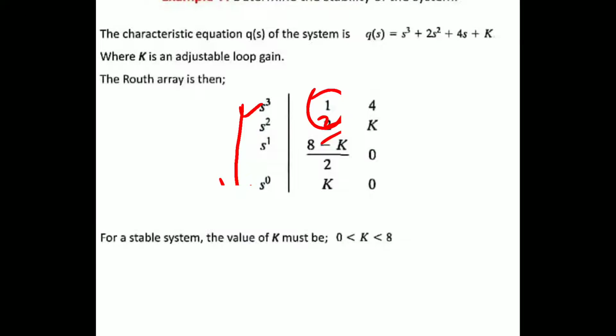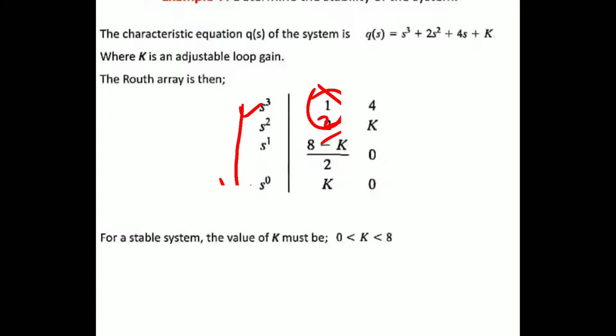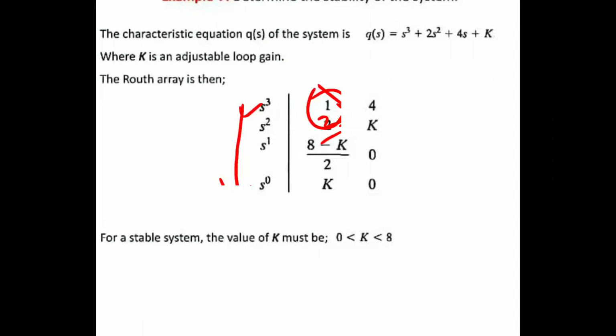So how are the calculations done? 2 into 4 becomes 8 minus 1 into k becomes k, divided by 2. 8 minus k divided by 2. The next term becomes 0 because 2 into 0, 1 into 0 divided by 2 becomes 0. The next element, for the s raised to 0 row, is most of the time a constant k, because this term is always 0.